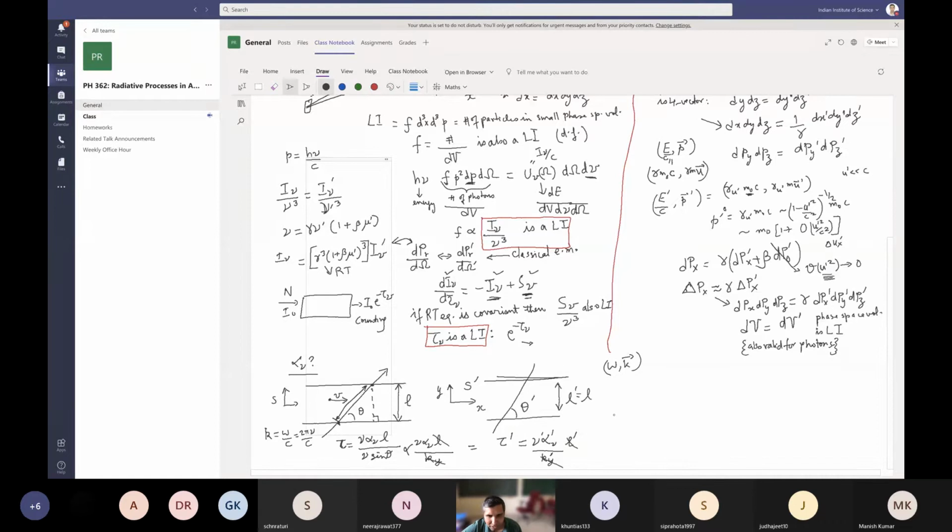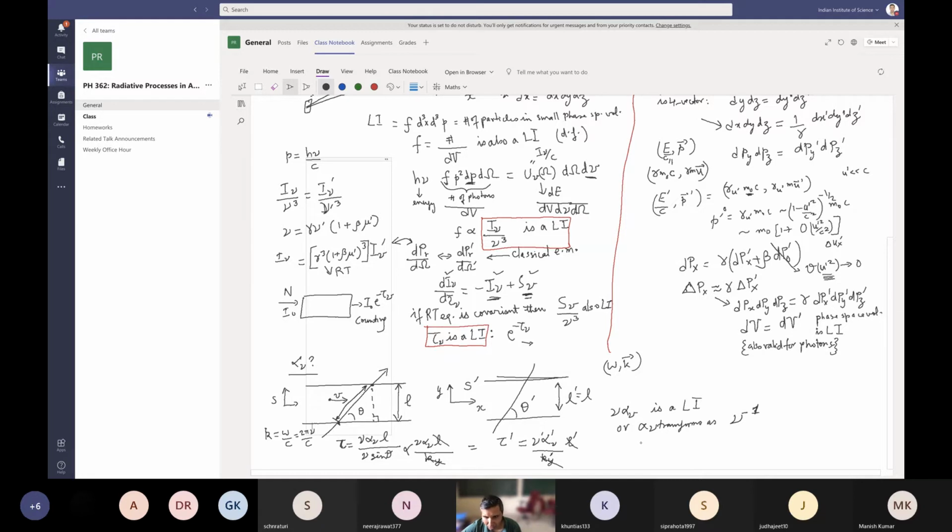So what we have is nu alpha nu is Lorentz invariant, or nu alpha nu transforms as nu inverse.